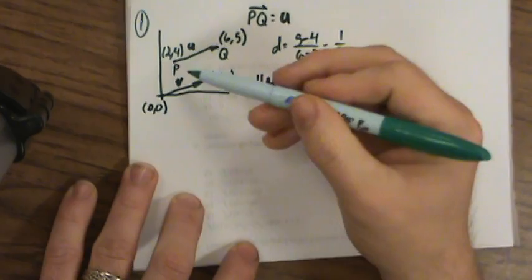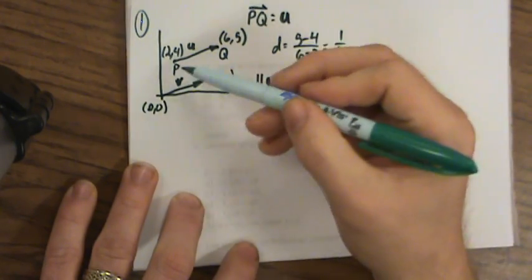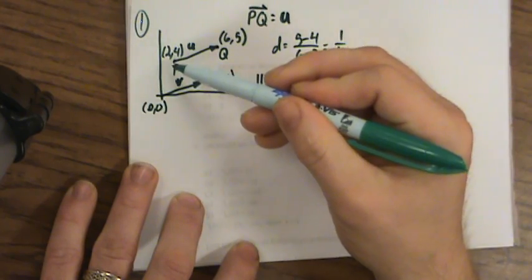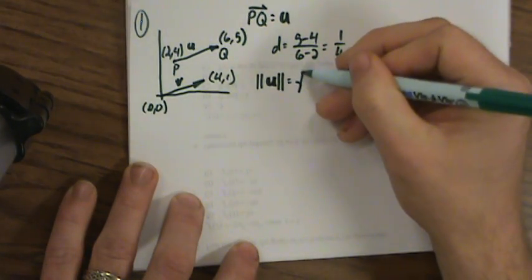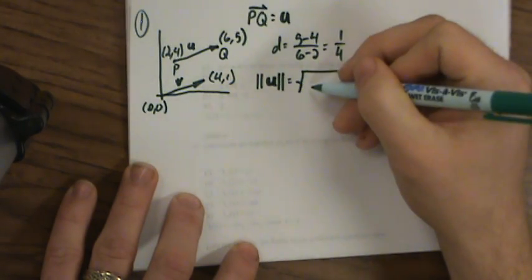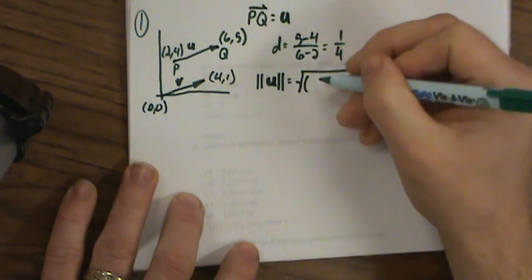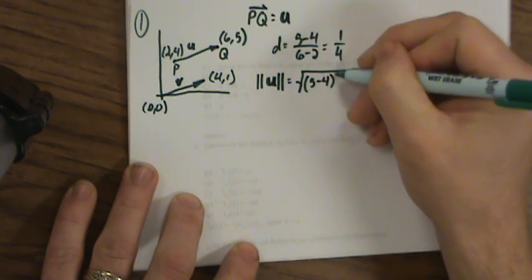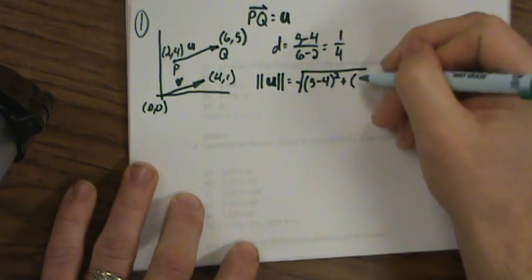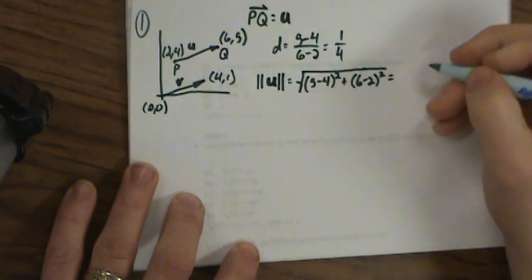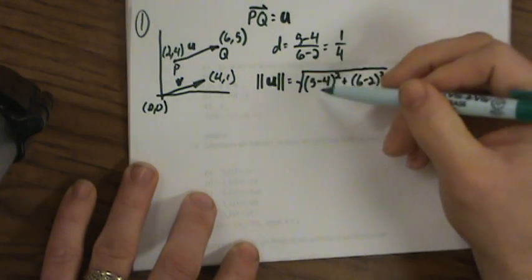Well, since it's a vector on the plane, it's a directed line segment, then its magnitude can be defined by the distance formula. This follows from the Pythagorean theorem, so I would just do 5 minus 4 squared plus 6 minus 2 squared equals, well, this 5 minus 4 would just be 1.